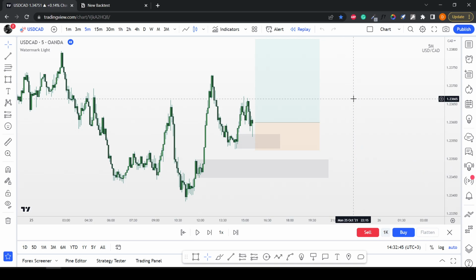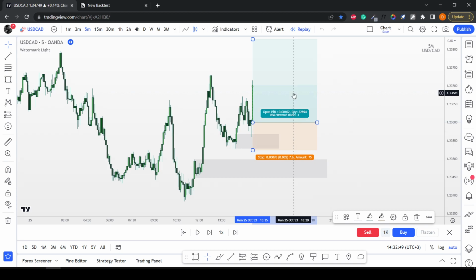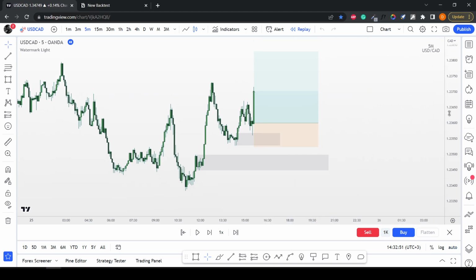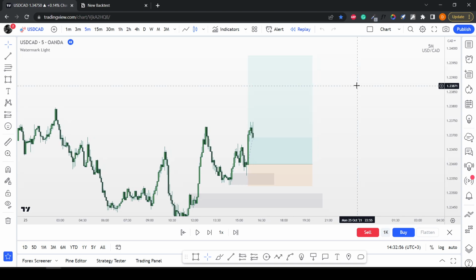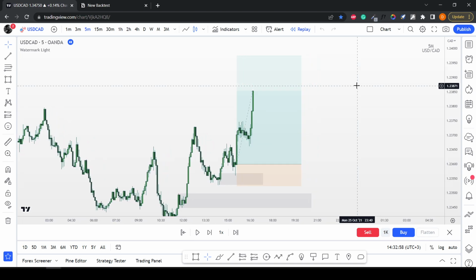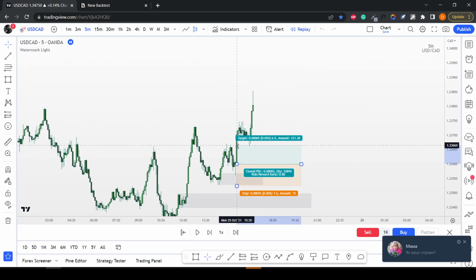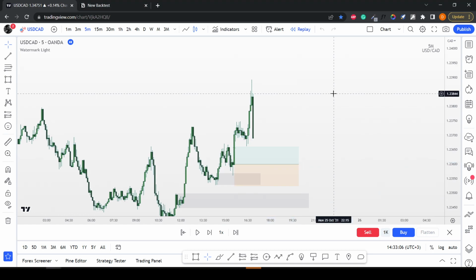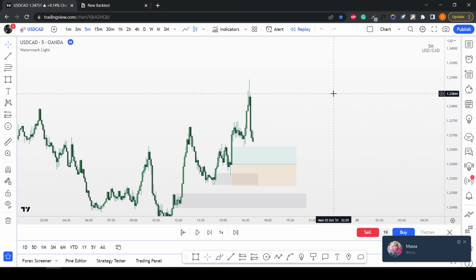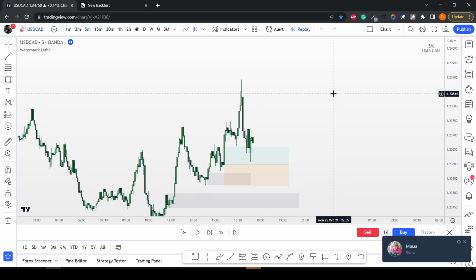Okay, so let's continue. Okay, so we have this move to the upside, which brings us to break even, and now let's try to manage it. So manage with this low. Probably will be taken out. Yeah, takes me out.